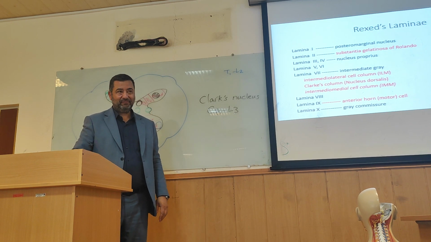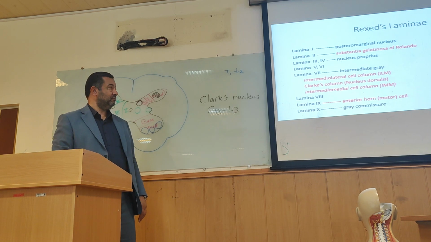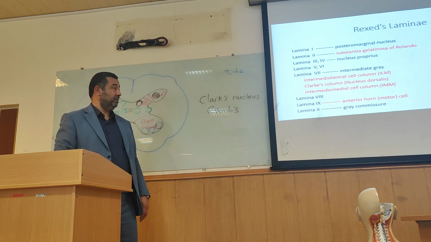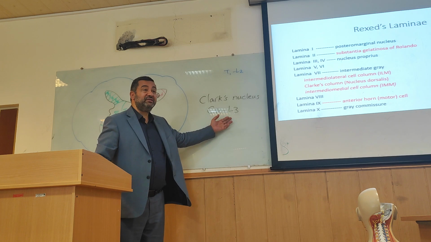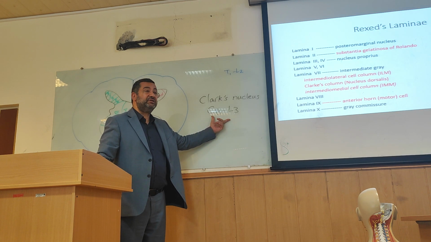No, my question is not about segments. It's about where the spinal cord ends, between L1 and L2, right? So this is L3. These are not nerves or vertebrae, these are segments of the spinal cord.